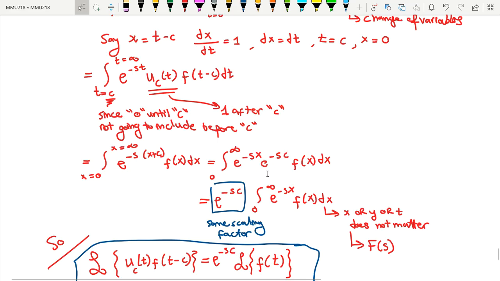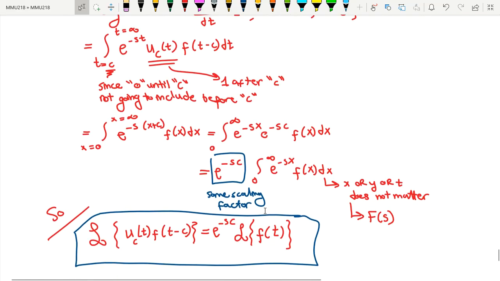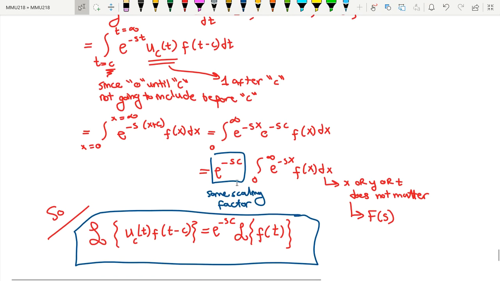Now, if you take out this term, which looks like just a scaling factor, e to the minus sc, from 0 to infinity, I'm left with some expression that looks pretty much similar to something we already have in hand. This is my kernel integral, because it doesn't matter if I replace x by y, y by t, or t by x.